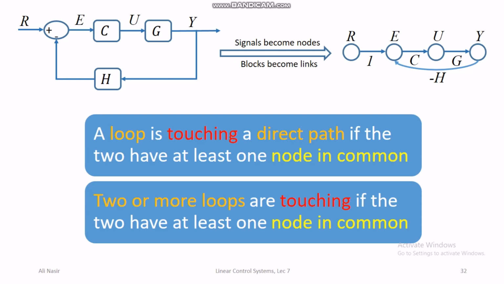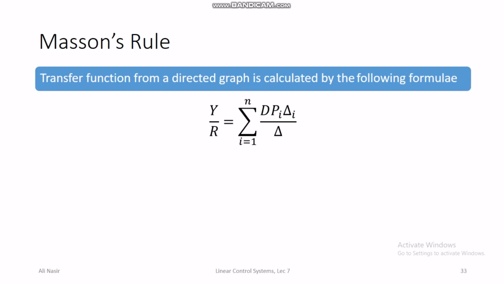If there is any common node, then those are considered to be touching. Otherwise, if there is no common node, then a direct path and a loop or two loops are considered to be non-touching. Next, I describe the Mason's rule.